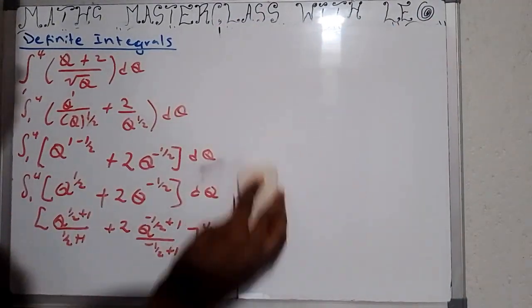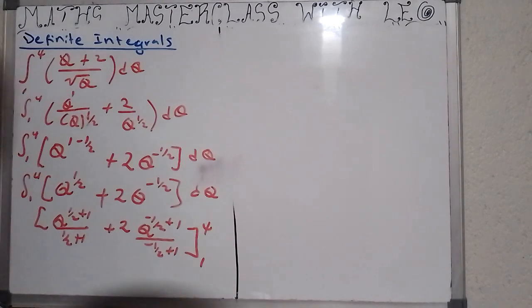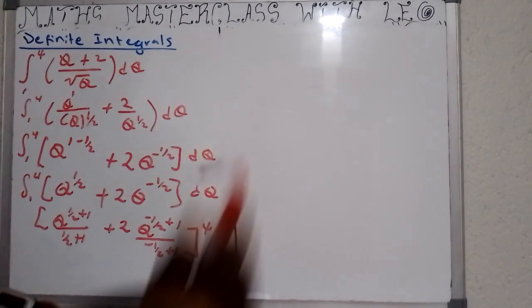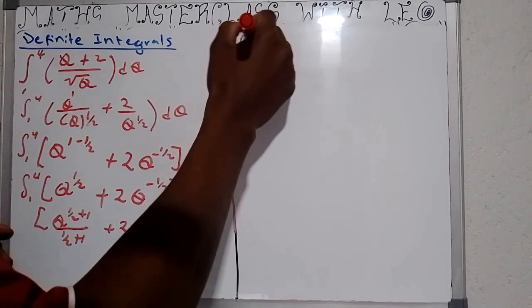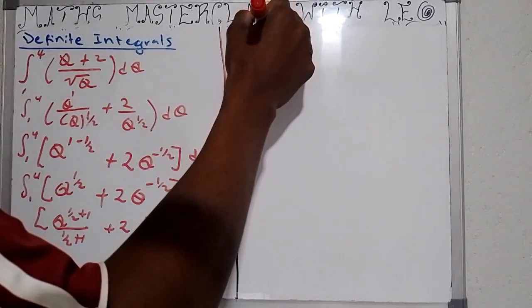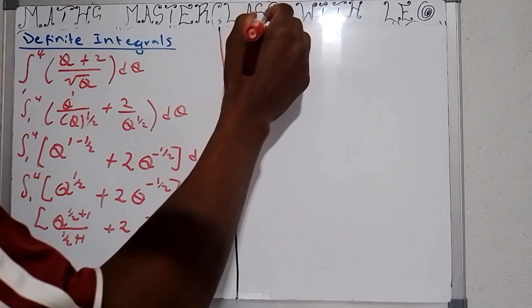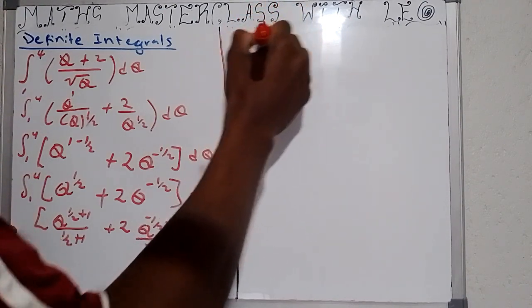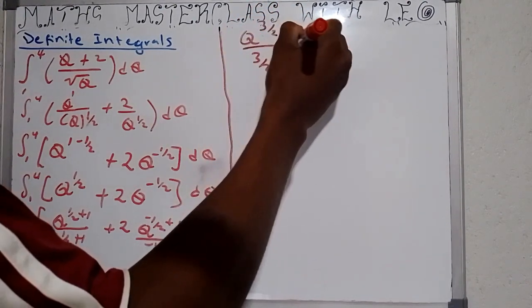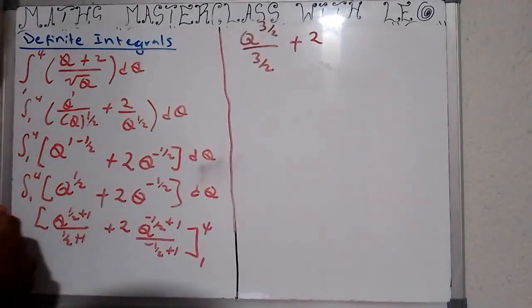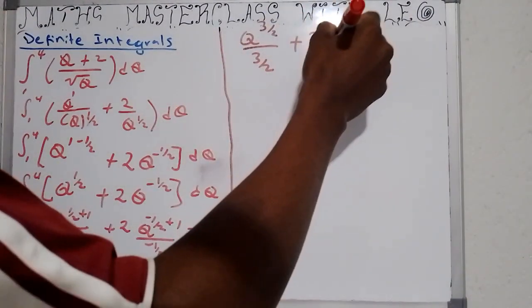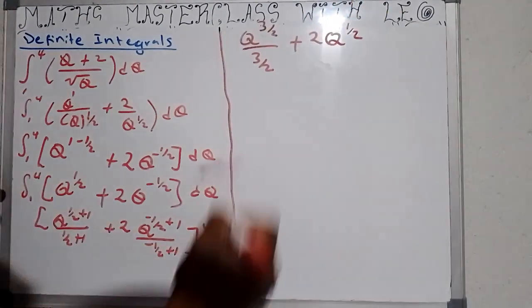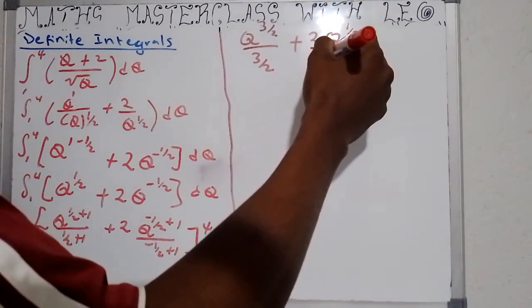Here is theta to the power 3 over 2 over 3 over 2, plus 2, then theta to the power 1 over 2 over 1 over 2.